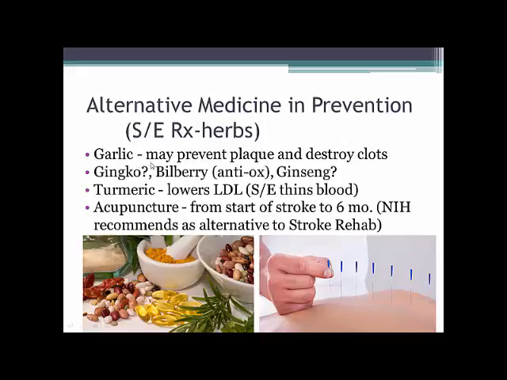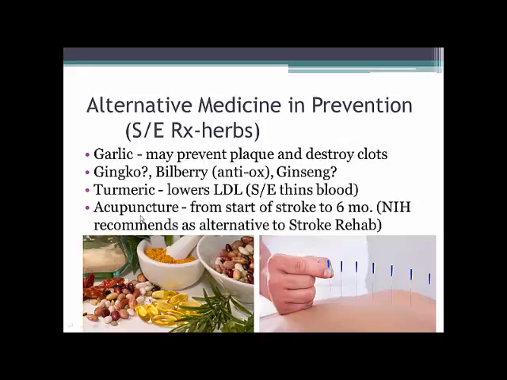Garlic may help prevent plaque and destroy clots. These questionable ones may help, they may not, but studies have not really come to a consensus as to their effects. Turmeric helps lower the bad cholesterol, or the LDL, in the body. One side effect of having too much turmeric, however, is that it would thin the blood.